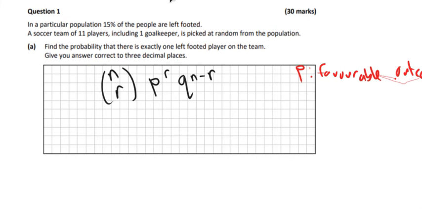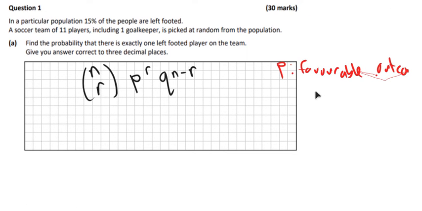And then the q is non-favorable outcomes. So the probability of p and the probability of q should add up to 1 in the end.